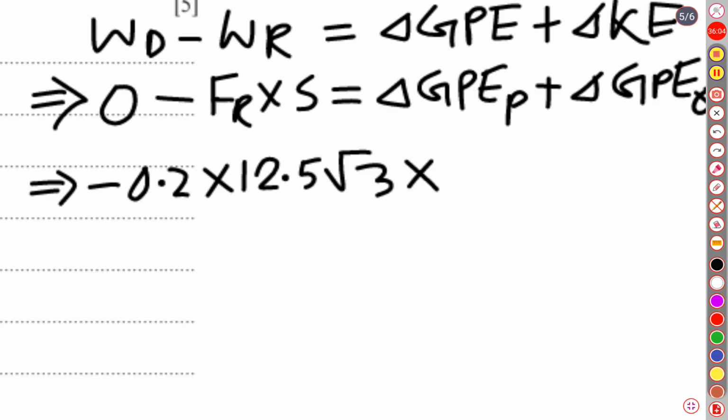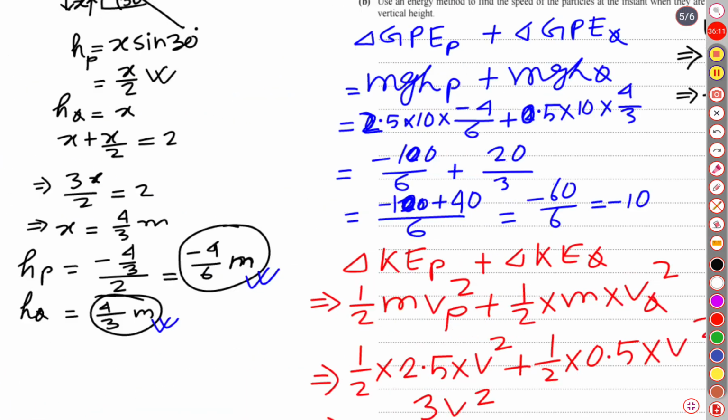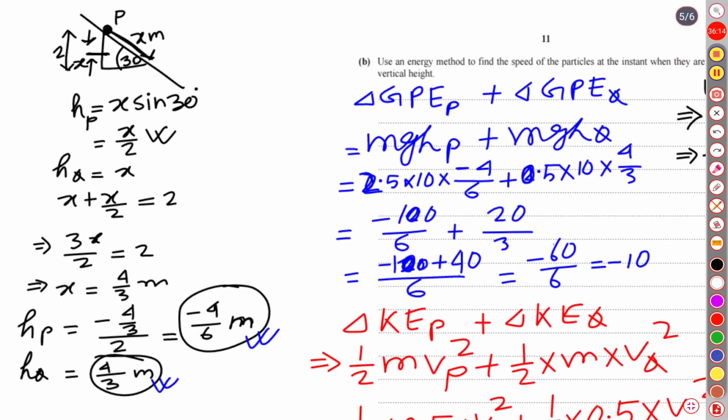So we calculate the distance traveled by P. We have already calculated this distance. Remember, once again, I am repeating: distance and height are not the same at all. Distance is the travel distance, but height is calculated from the ground, considering the ground as the reference frame, for initial and final heights.